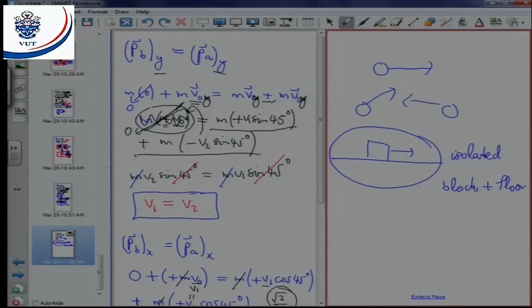If there's friction on the floor, the block will lose some energy to the floor, and we have studied this. This is work done. The floor will then heat up, so that means the energy was transferred from the block to the floor. So as a system combined, the block and the floor would be an isolated system, whereas the block alone is not an isolated system. So that's what I mean by isolated.